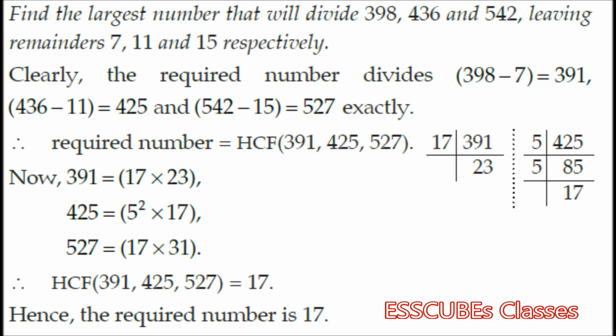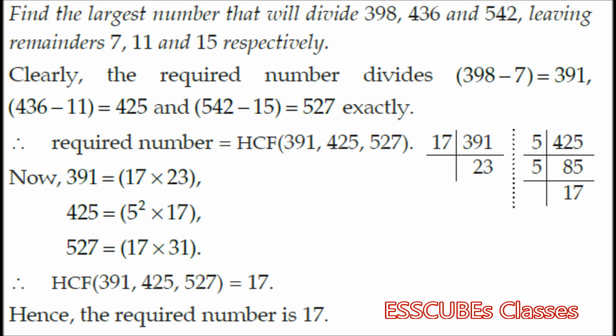So 398 minus 7 gives us 391, while 436 minus 11 gives us 425, while 542 minus 15 gives us 527. That means if I take the HCF of these, I would be getting the required number.